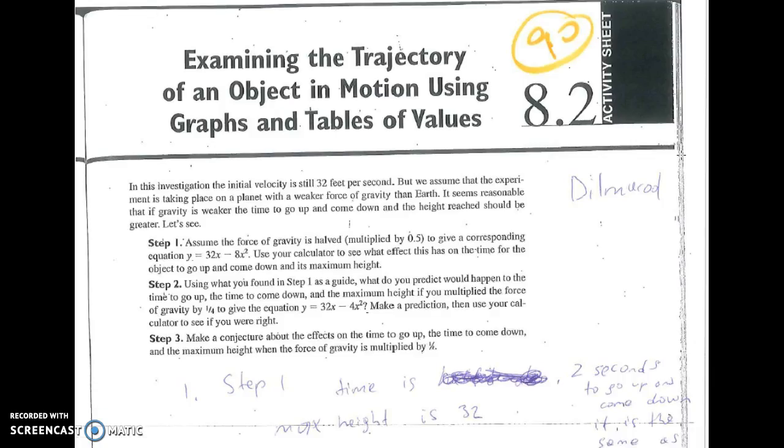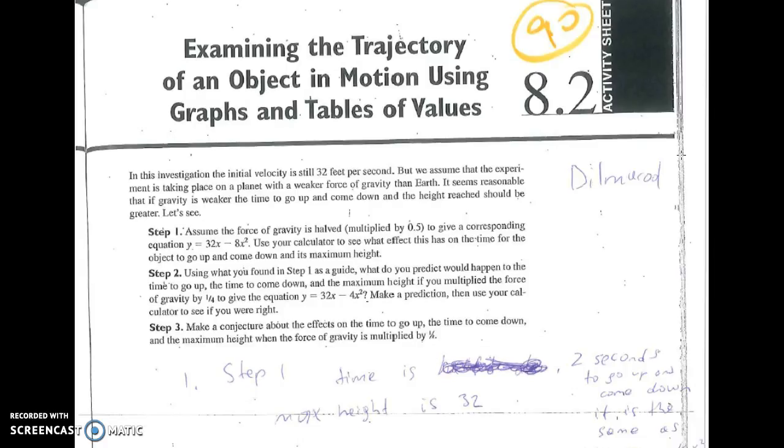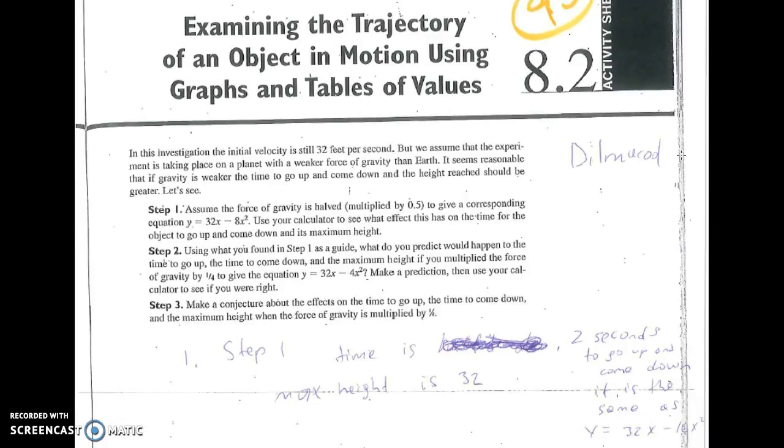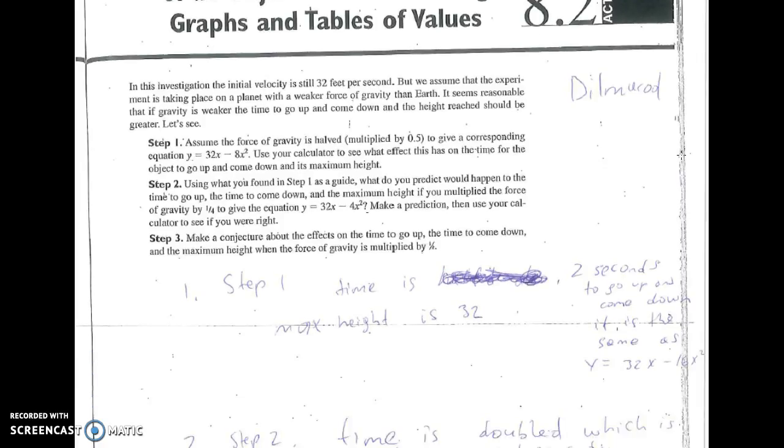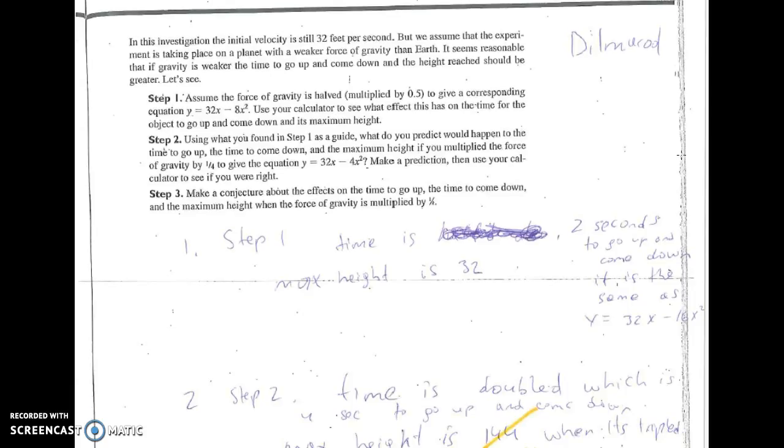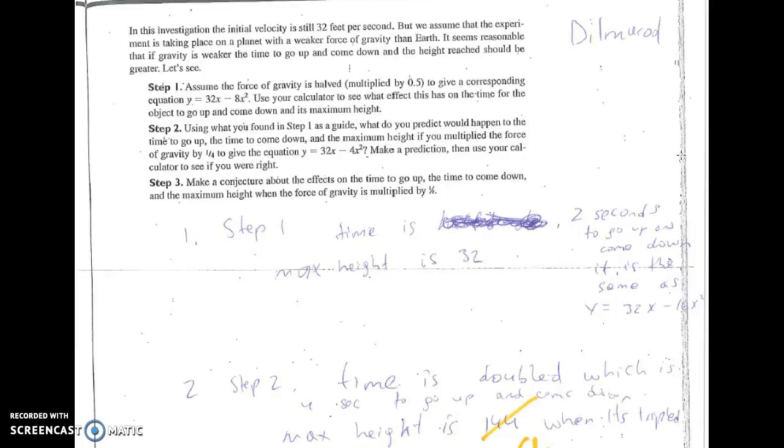And on 8.2 we did the same thing, but it was with gravity. In the first step we had to take half of the gravity that was given in the first place. The time didn't change, but I think the height changed from 8 to 32, I think.